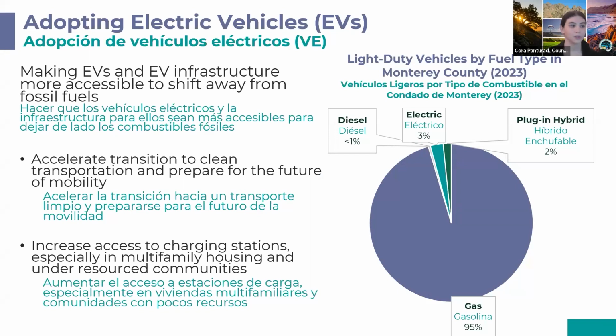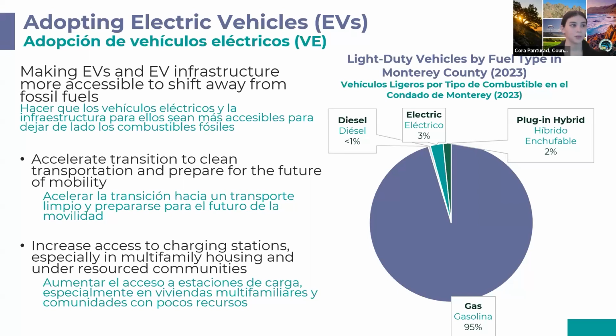Accelerating this transition is really key so that we can prepare for a future where there are fewer internal combustion engine vehicles on the road and that we have increased access to charging stations in public, especially near multifamily housing and in under-resourced communities.